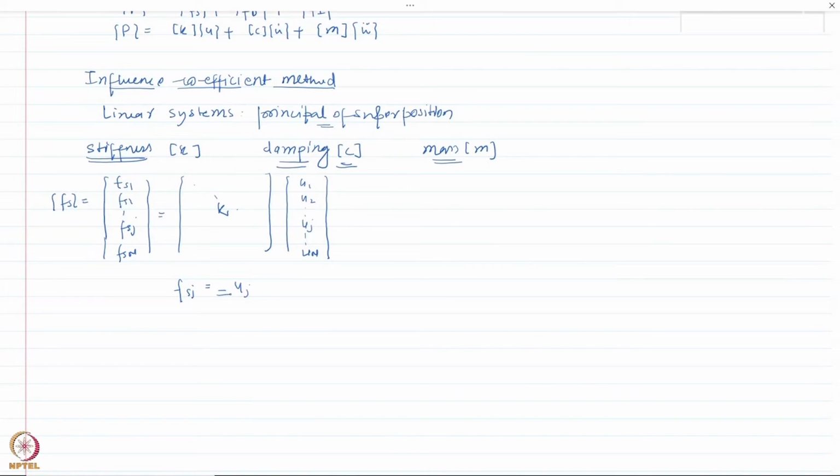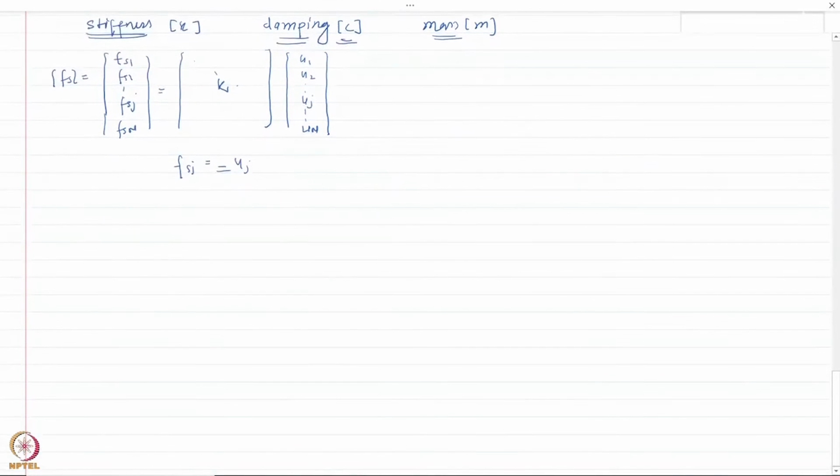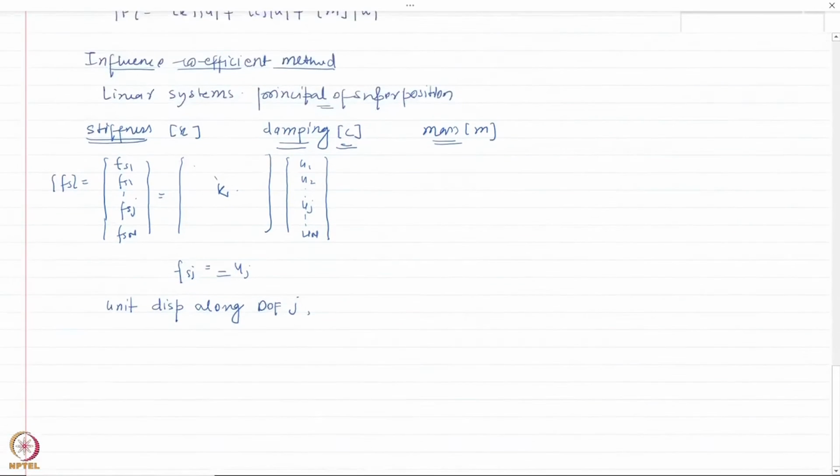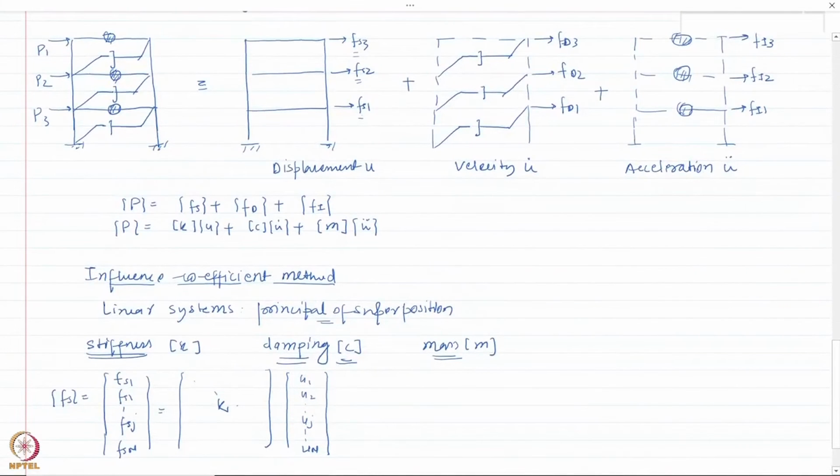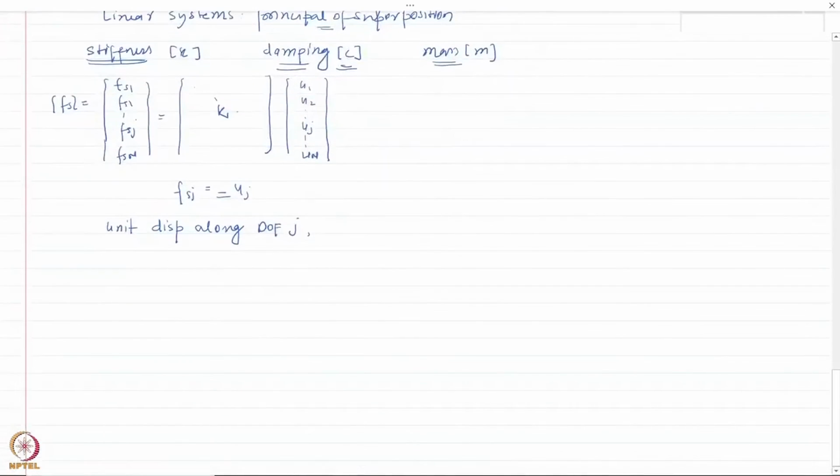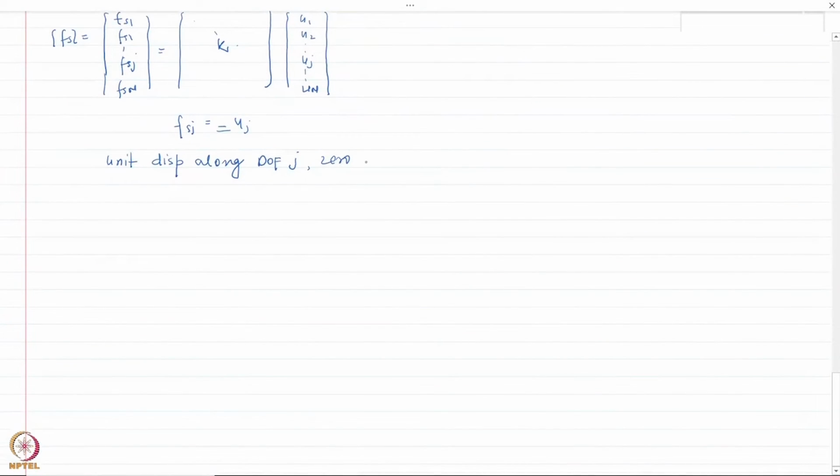Okay, so the way we apply this influence coefficient method, we apply a unit displacement along degree of freedom j, while keeping the other displacements equal to 0. So if I have a 3 degree of freedom system, let us say I apply u1 equal to 1 and keep u2 and u3 equal to 0. So a unit displacement along DOF j and 0 at all other DOFs.